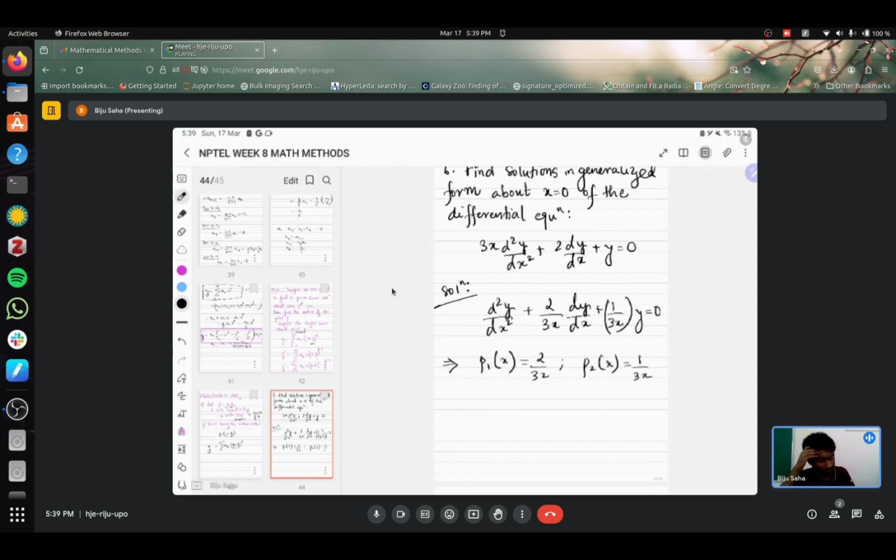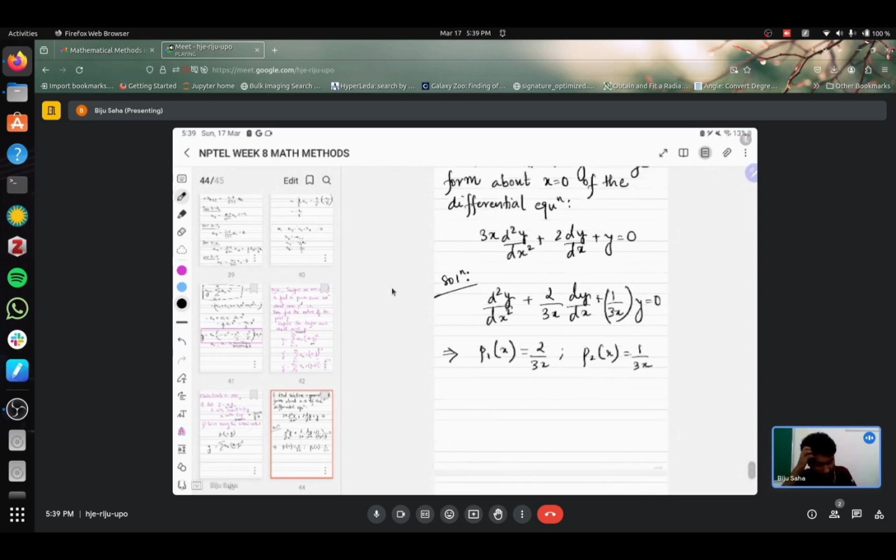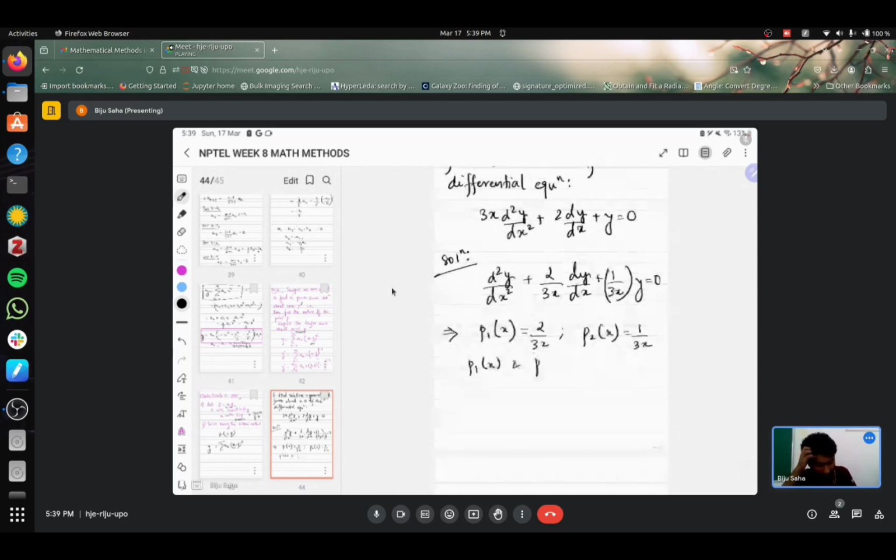So immediately you can see that P1(x) and P2(x) are not analytic at x equal to 0. So that says that x equal to 0 is a singular point.